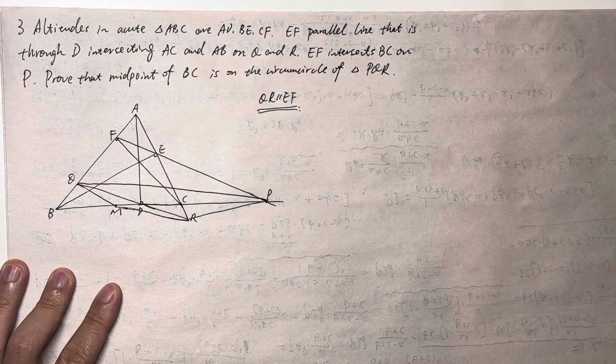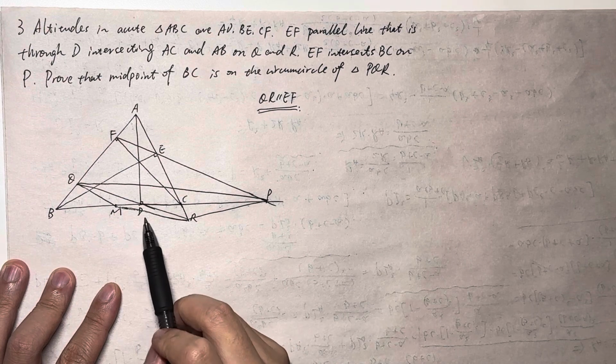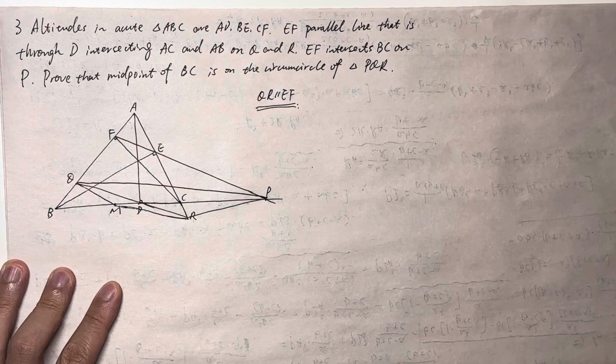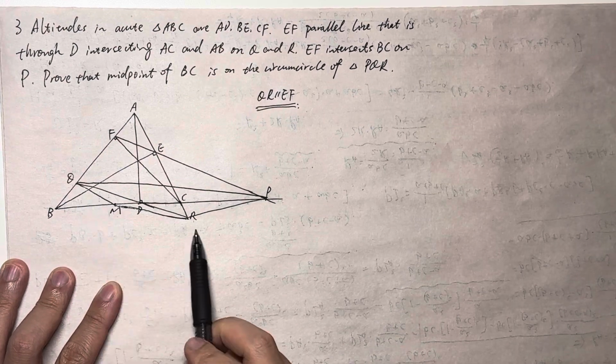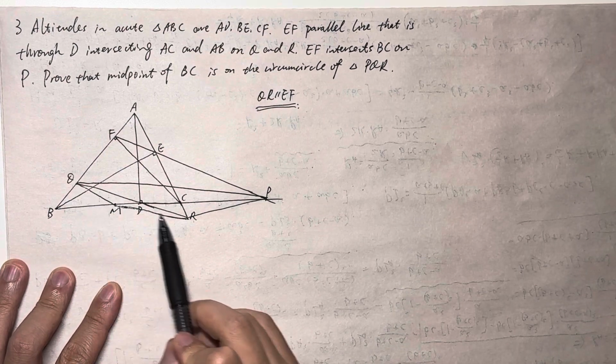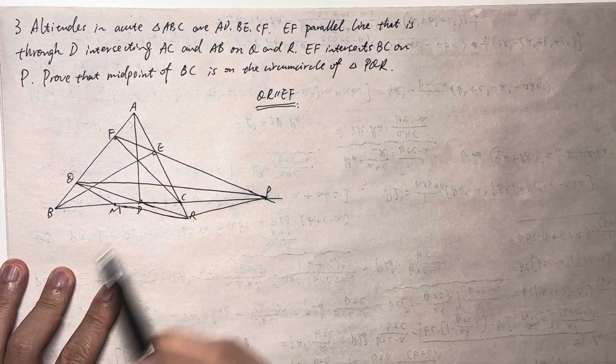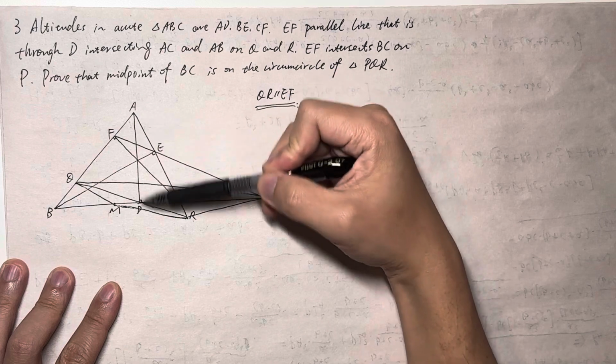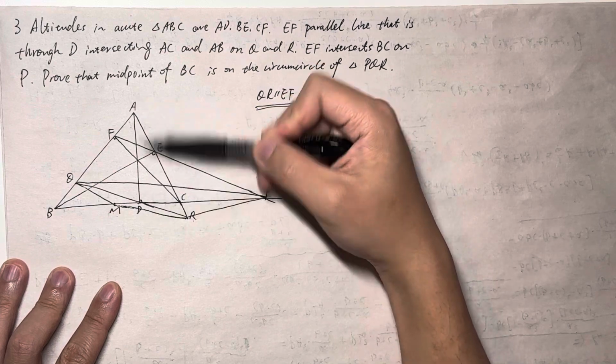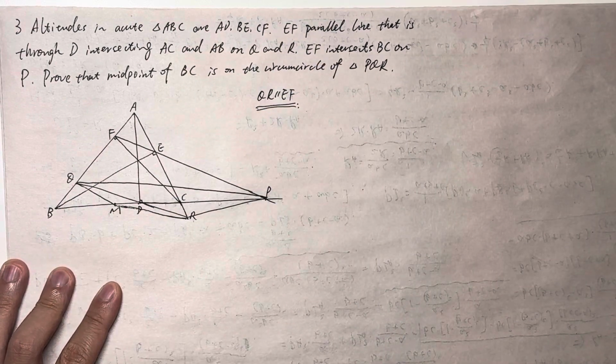And how can we prove that? The first thing we need to think about is how we get Q and R. We get Q and R from a parallel line through D. And what is D? D is the foot of the altitude on the edge BC.